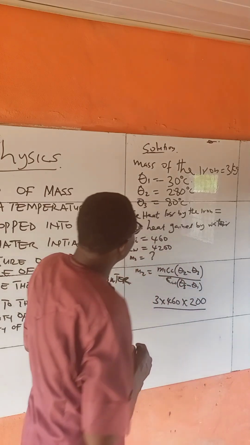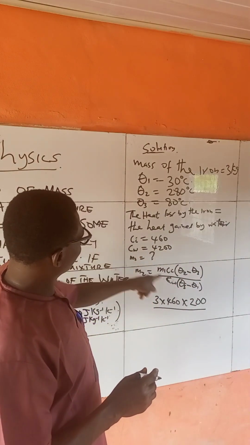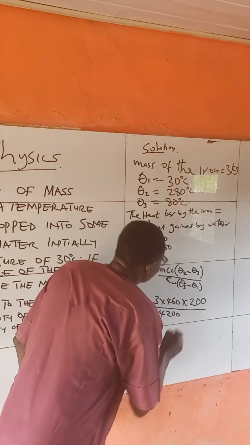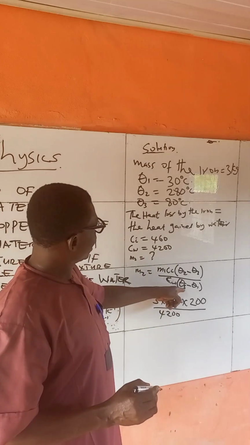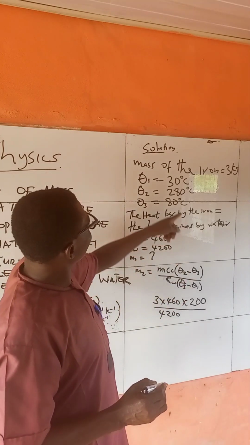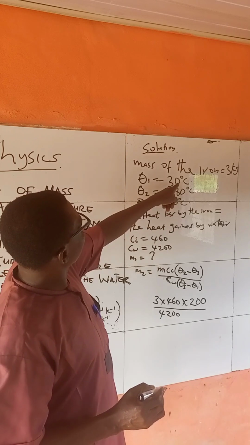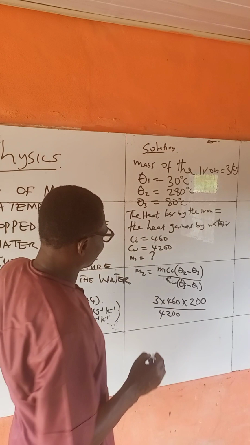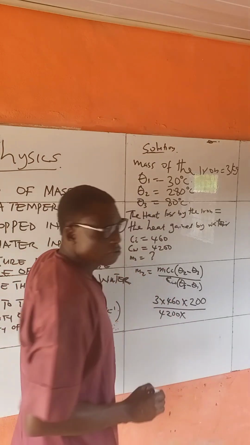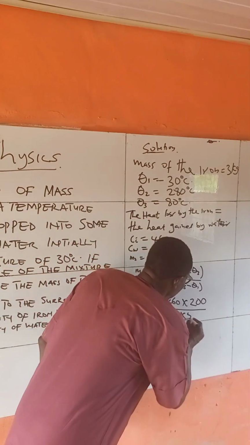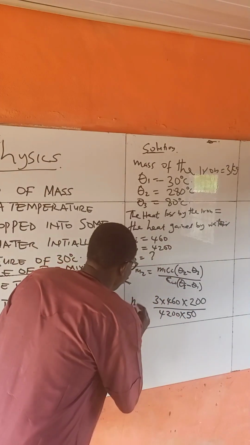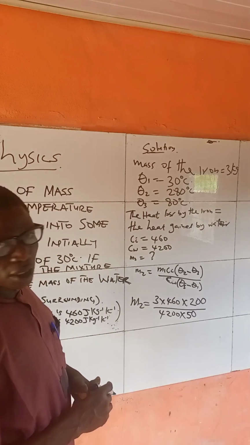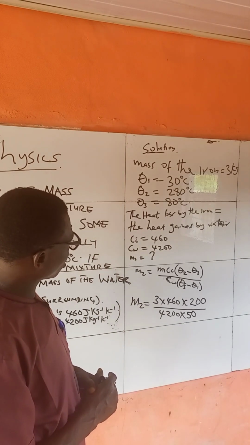All over Cw, which is 4,200, times the difference between theta 3 and theta 1: 80 minus 30 gives 50. So this becomes the value of M2, the mass of the water.